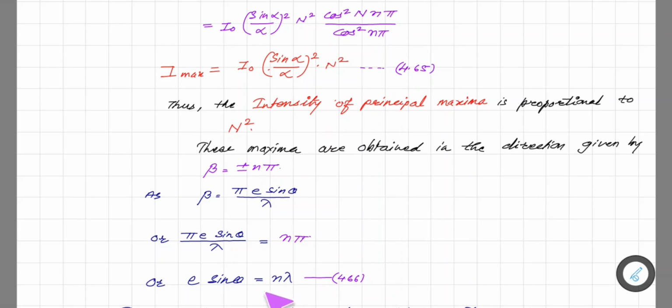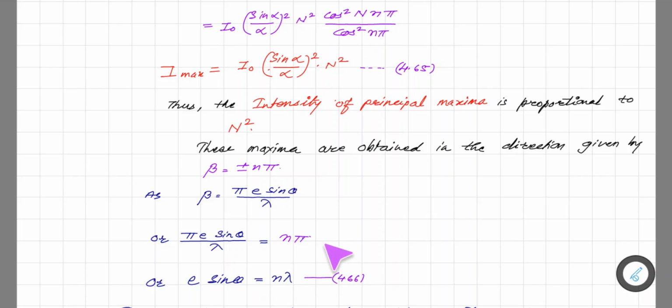Now these maxima will be on both sides of the zero order maxima, arranged symmetrically, and the intensity of these maxima will decrease with n, as sin alpha upon alpha decreases for higher theta required for higher n.